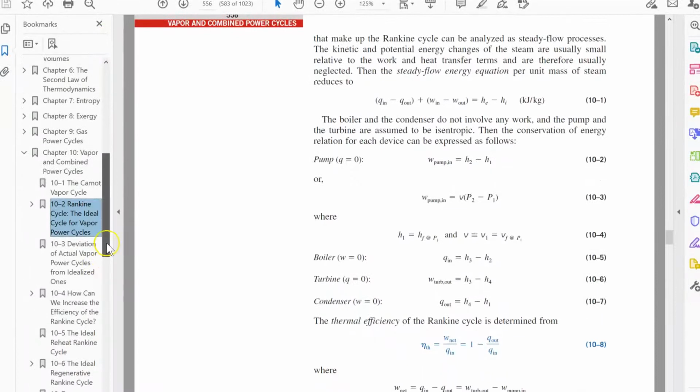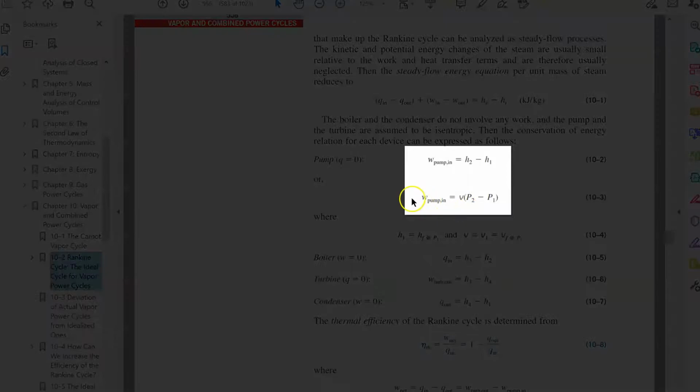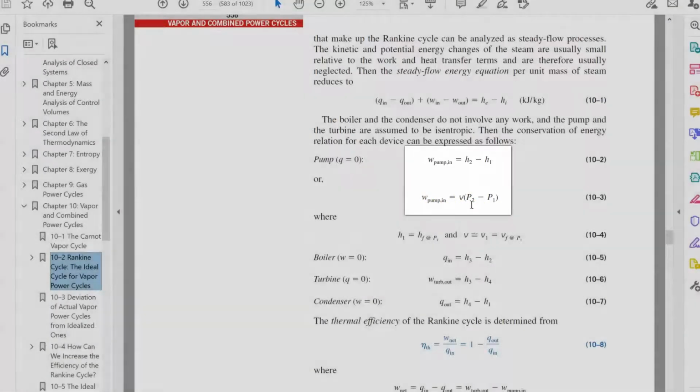Alright, and there's another way to find your work pump. Since we are trying to solve a simple ideal Rankine cycle, which is a vapor power cycle, right? If you have a look at chapter 10.2, you will see that work pump can also be calculated using your pressure difference and your specific volume.